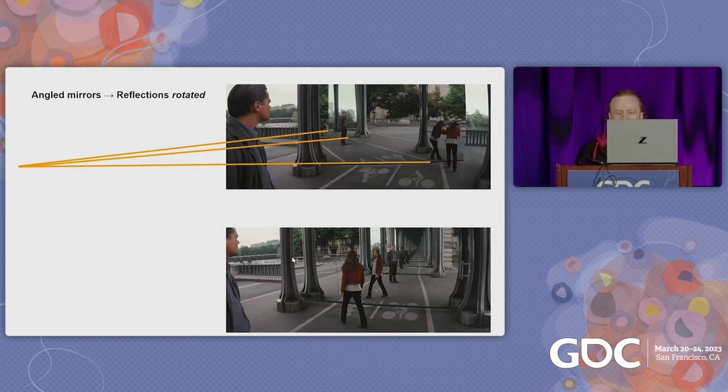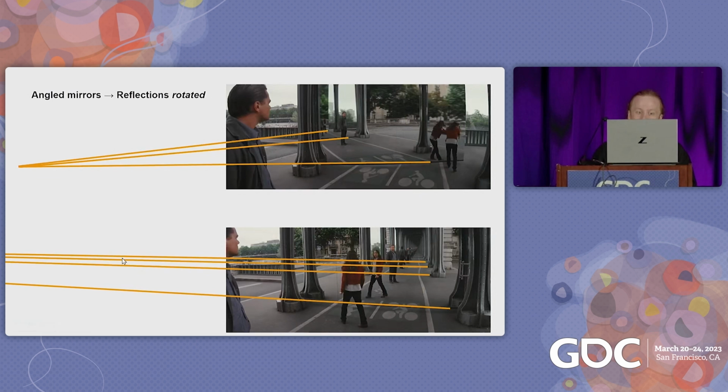But eventually we got to the case where the planes are parallel. We've got parallel mirrors. And now it's the case that these lines do not meet each other because they're parallel, or rather they maybe meet at infinity. And that gives us a translation. We've got translated reflections of Leonardo DiCaprio.